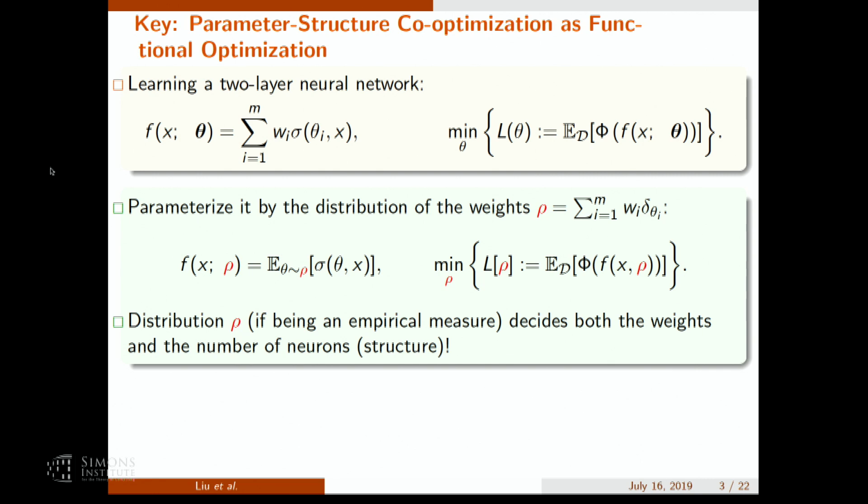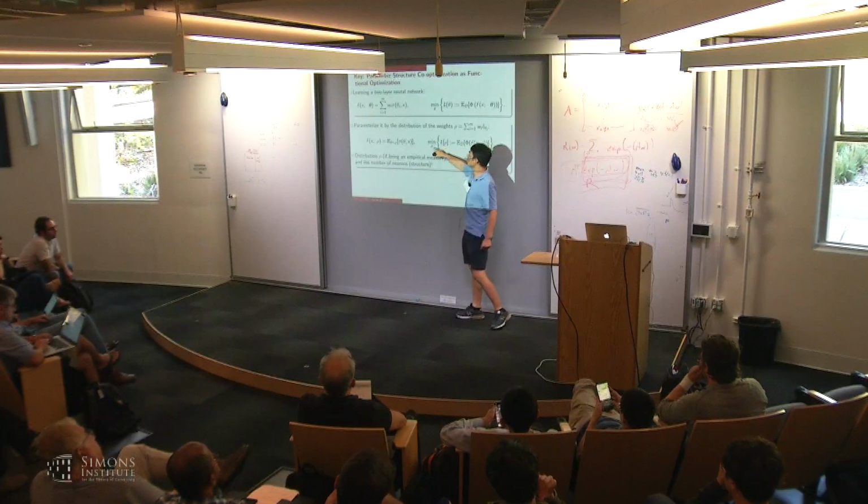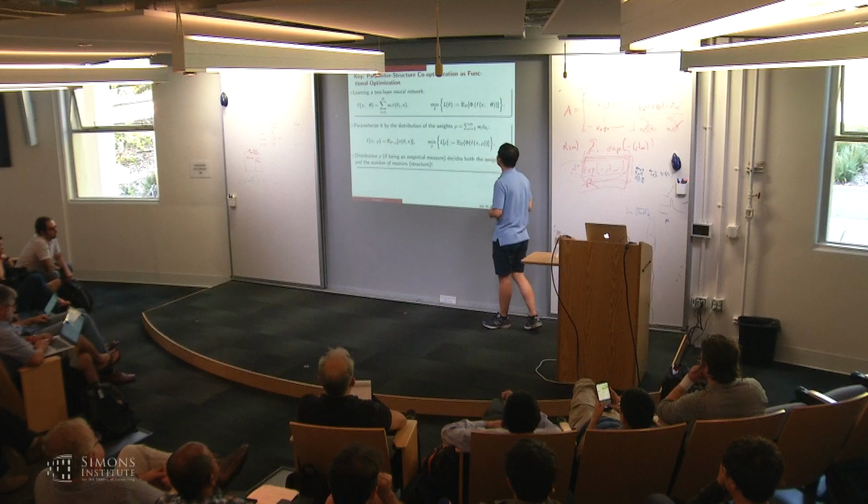So rho represents the empirical measure of the neurons. The neural network is now parameterized by the distribution rho, taking the expectation over the neurons. And then the optimization can be relaxed into an optimization over rho, the distribution, right?